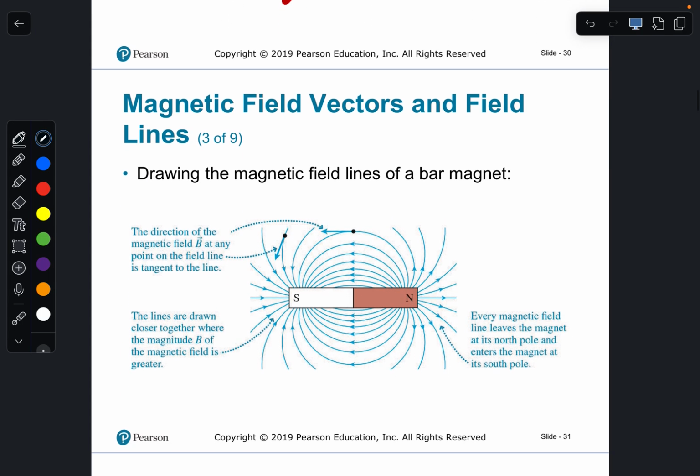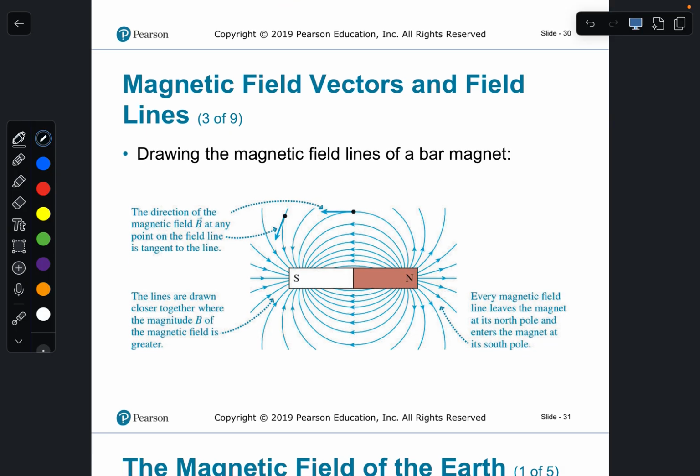So here's a nice clean picture of the magnetic field lines and the magnetic field vectors of a bar magnet. These arrows are going to be the lines, because vectors are always straight lines, they're never curved. So if we wanted to know the magnetic field vector at any point, we would find the little tangent to that.